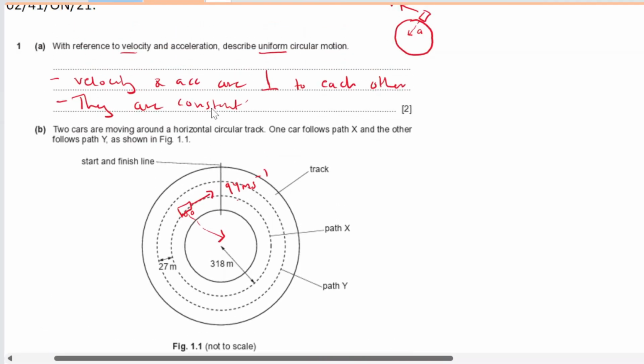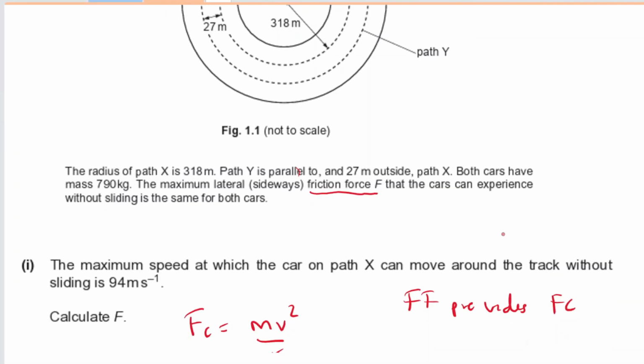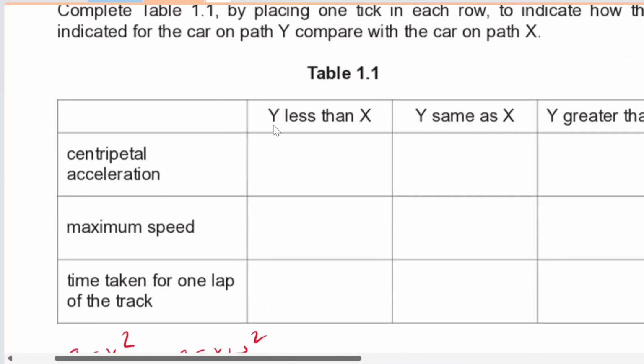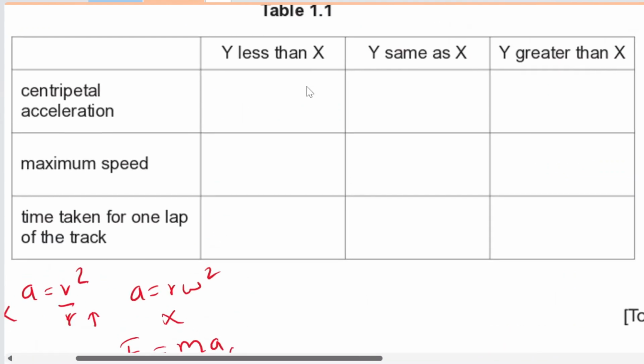They say here both cars have the same mass of 790 kg, and the friction force is also the same for both cars. So they have the same friction force and the same mass, which means that the acceleration will remain constant. It will be the same for both of them. So here the answer will actually be Y is the same as X.